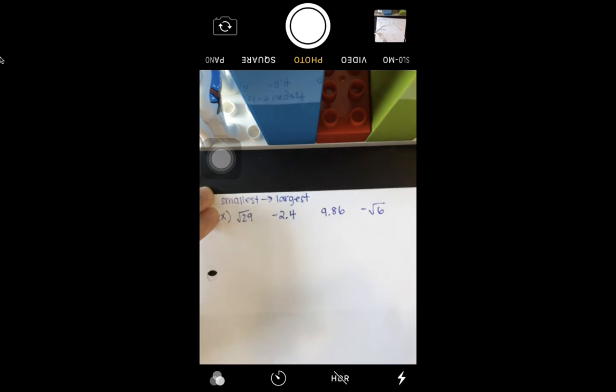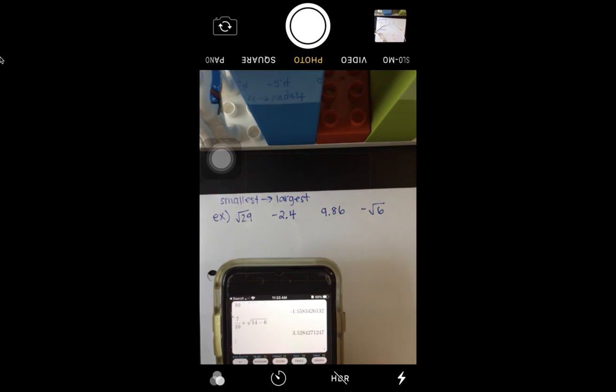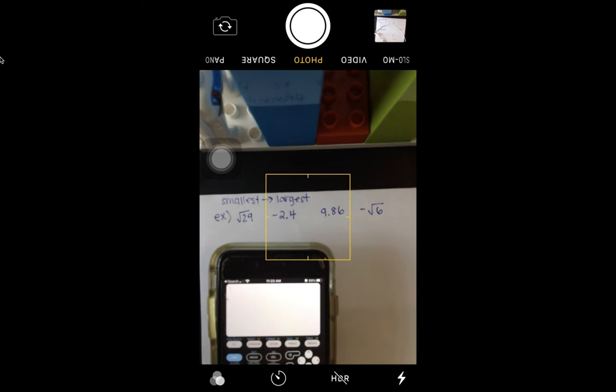Well, I have no idea which one is the smallest and which one is the largest, because they all look different. The easiest thing to do would be to change all of these numbers to decimals, and I can use my calculator for that. Once I change them to decimals, I can compare the decimal digits to help me. I'm going to put my calculator screen right here so that we can do it together.